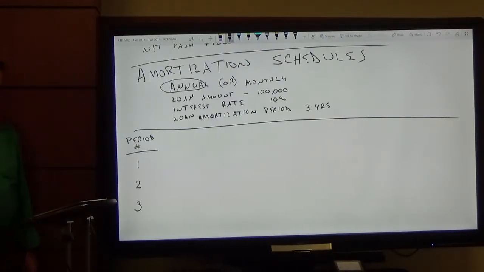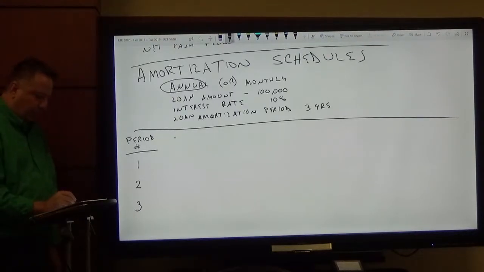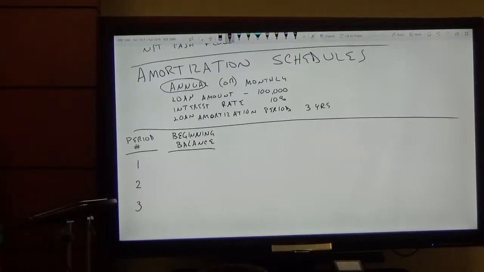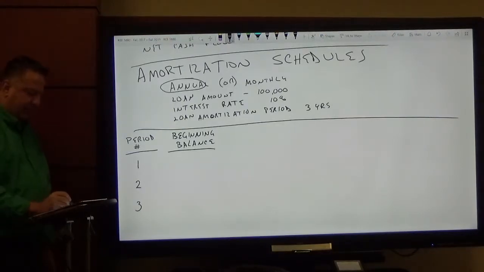Then the next column over is going to be our beginning balance for that period. In this case, we're starting with the loan in year 1, so at the beginning of year 1, our balance is going to be $100,000.